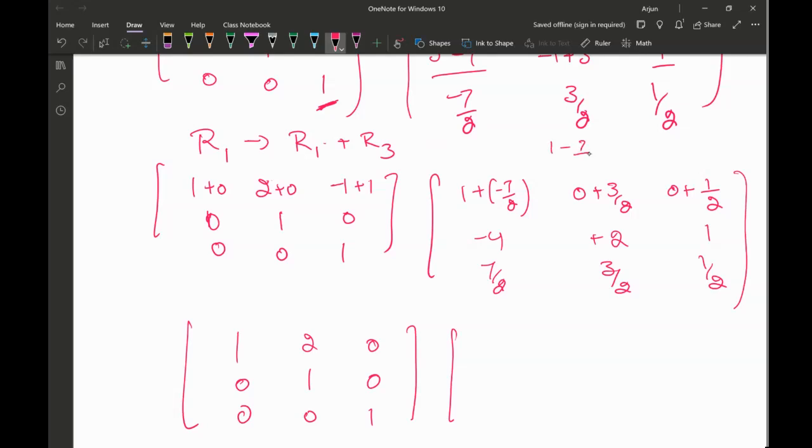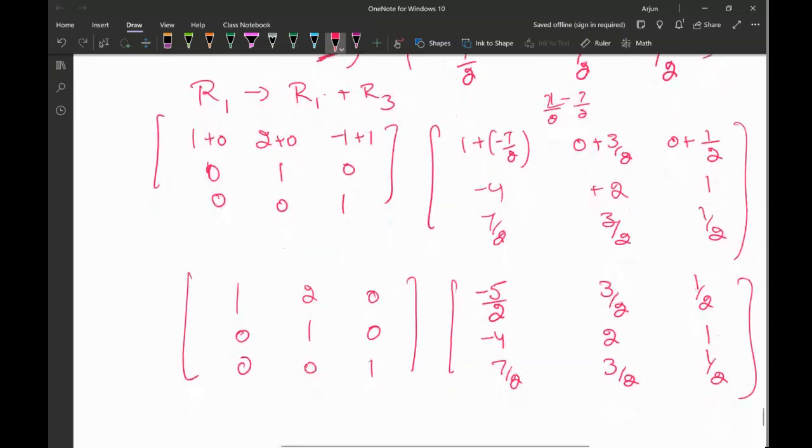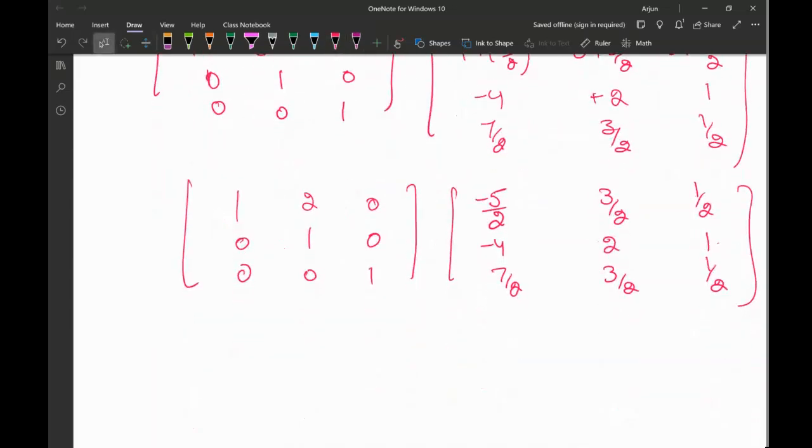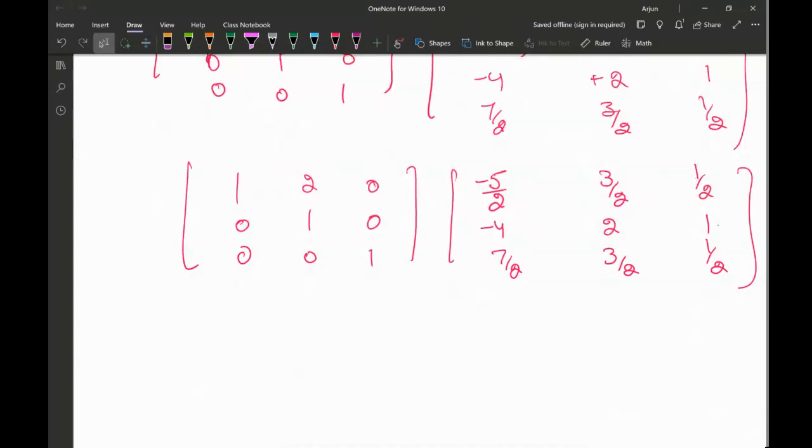I can write 1 minus 7 over 2. This is 2 here, minus 5 over 2, and then 3 over 2, 1 over 2, minus 4, plus 2, 1, 7 over 2, 3 over 2, and 1 over 2 here.